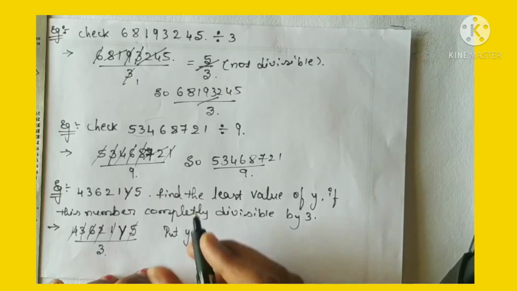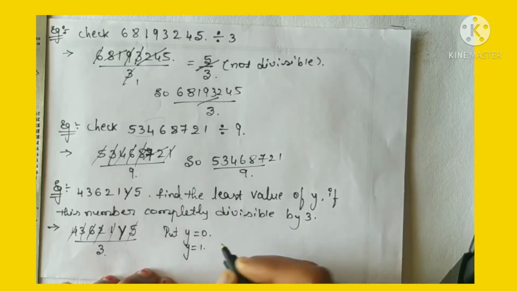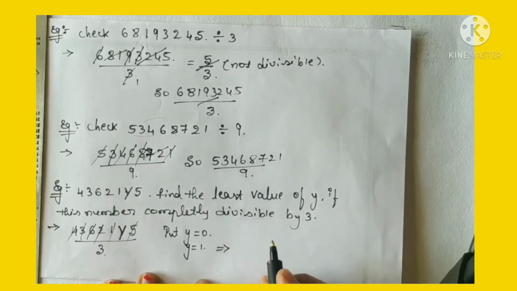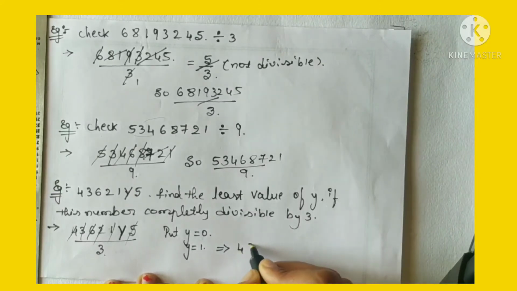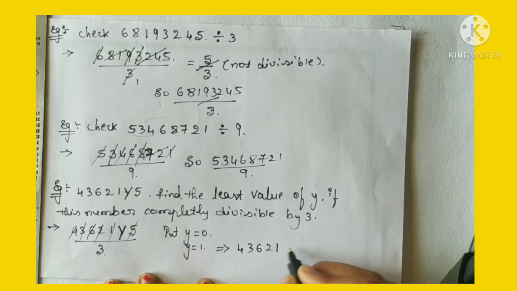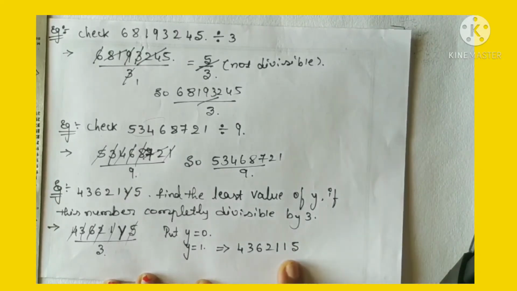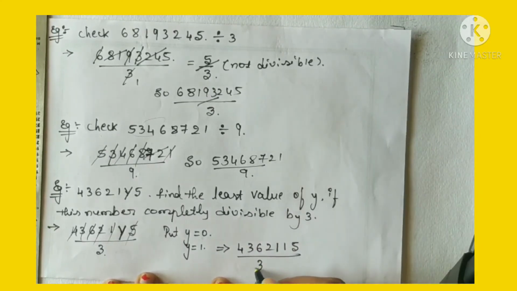When I increase the value to y equal to 1, what happens? We can see 4 3 6 2 1 1 5. I replace y with 1 and check divisibility by 3.